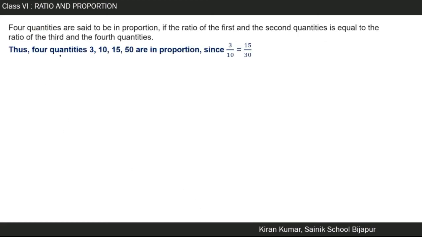Four quantities are said to be in proportion if the ratio of the first and the second quantities is equal to the ratio of the third and the fourth quantities.